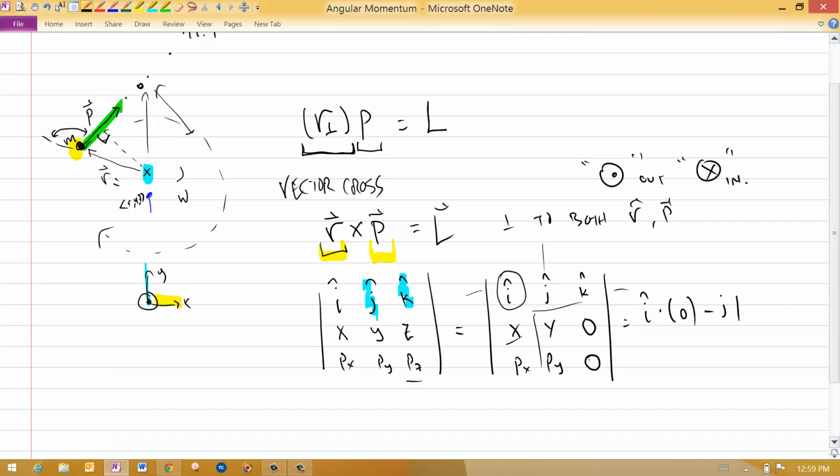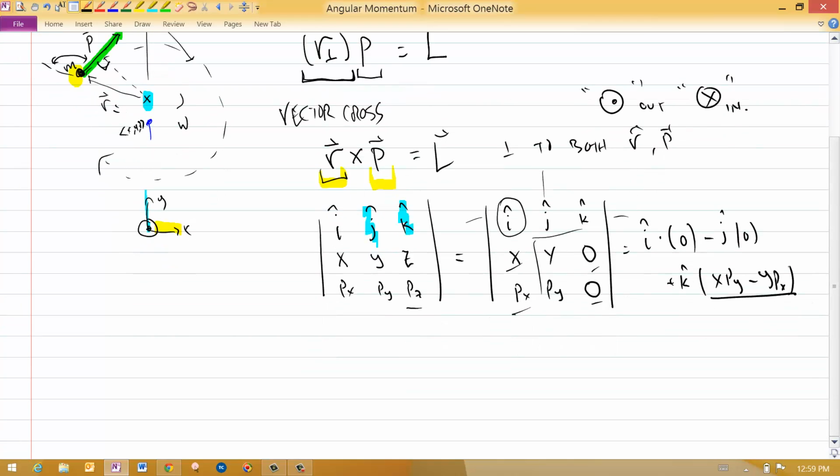So I get x times 0 minus px times 0, so that's a 0 as well. And then I get k hat, that's the z direction, times x times py minus y times px. And this is how you get the z component of the angular momentum.